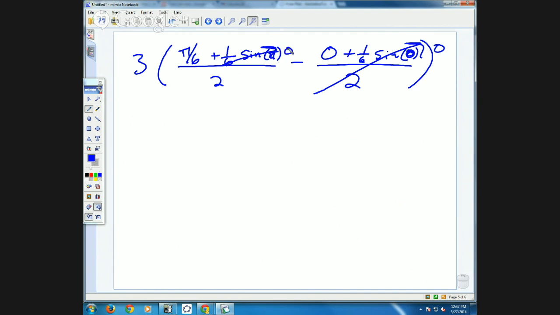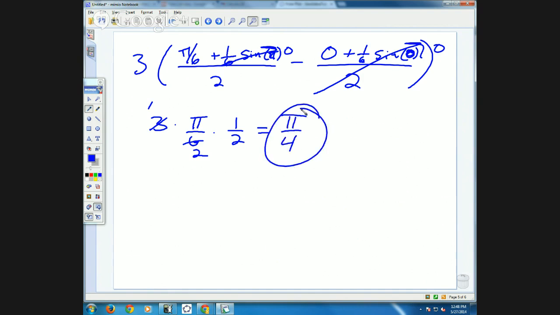So that gives me 3 times pi over 6 times 1/2. So the 3's go in. Pi over 4 seems to be the area of all 3 leaves. Leaves, leaves, leaves.